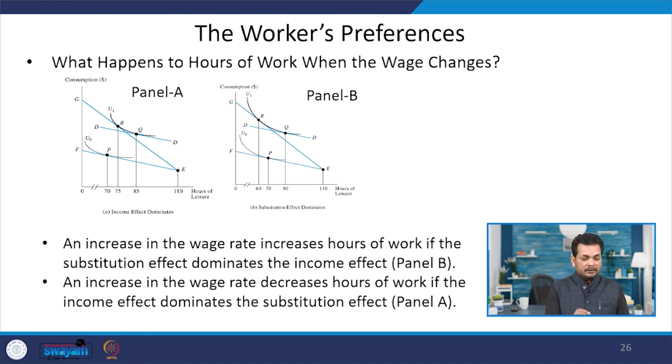As a result, in panel A, an increase in the wage rate decreases the hours of work, whereas in panel B, an increase in the wage rate decreases the hours of leisure or increases the hours of work.